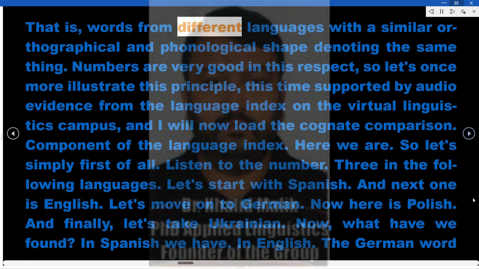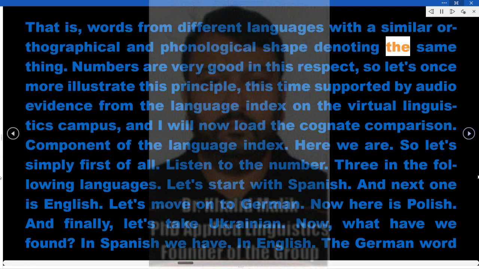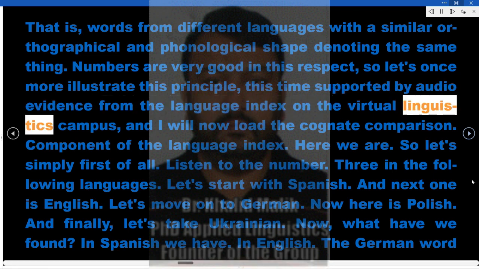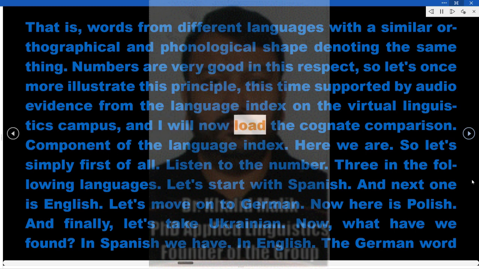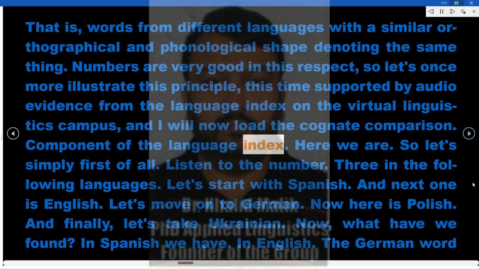That is, words from different languages with a similar orthographical and phonological shape denoting the same thing. Numbers are very good in this respect, so let's once more illustrate this principle, this time supported by audio evidence from the Language Index on the Virtual Linguistics Campus, and I will now load the cognate comparison component of the Language Index. Here we are.